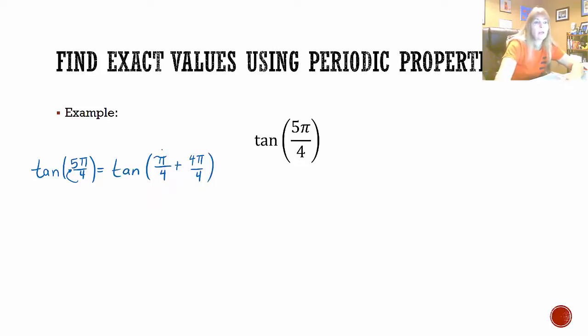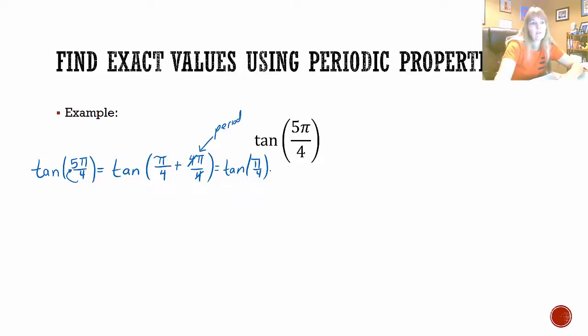Because adding these now, I can see that would give me 5 pi over 4. So all I'm doing is splitting this into my properties. And so from here, I can see that the 4's cancel. And remember, the period of the tangent is pi. So since that's the period by periodic properties, we ignore that because we just went around a period.